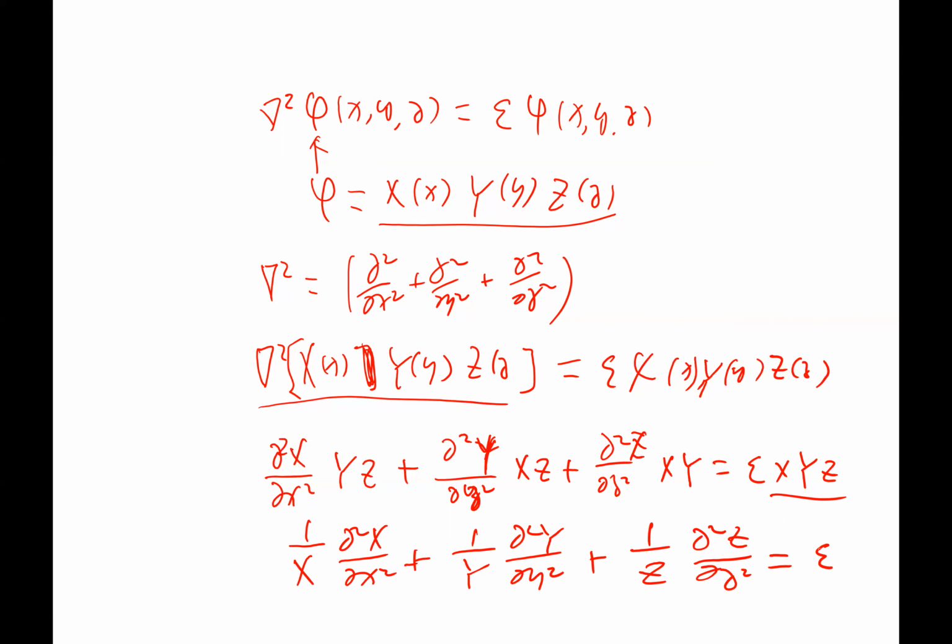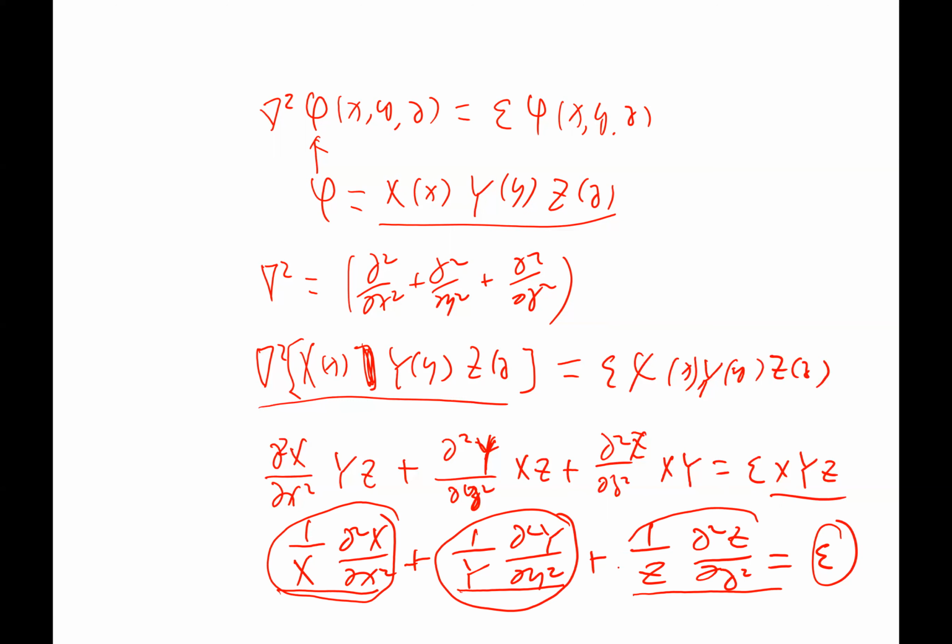Remember, this is a constant which is independent of x, y, and z. This is a function of x only, this is a function of y only, and this is a function of z only. So the only solution is that each of these equals a constant, so all three constants are not dependent on any of the variables.